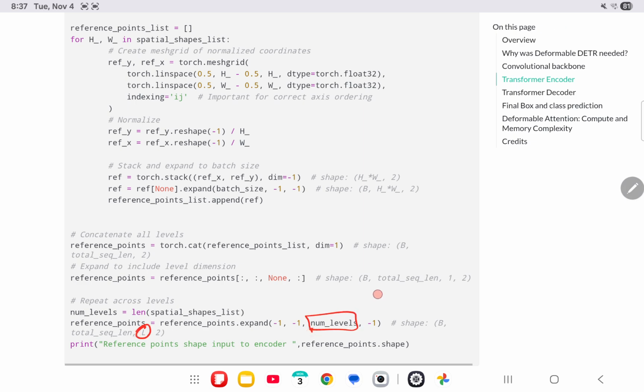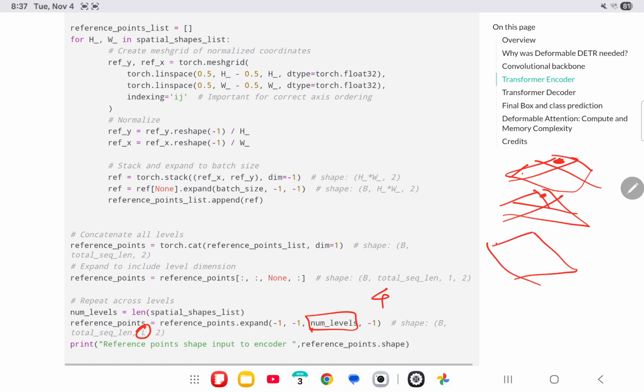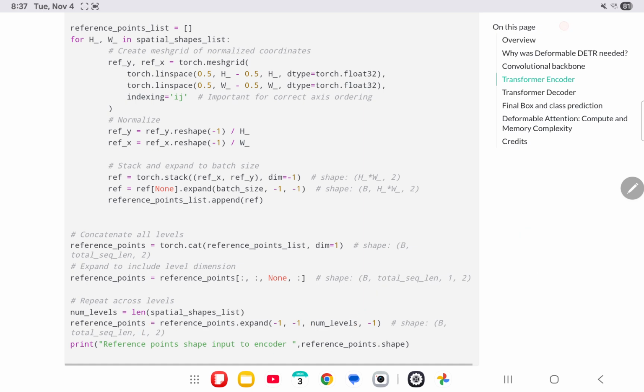The number of levels is 4 here. So if I am looking into this point, the center point, I want to look into the corresponding center point in the other feature levels as well. Sorry for the poor drawing, but that's what we intend to do. So this is done here.